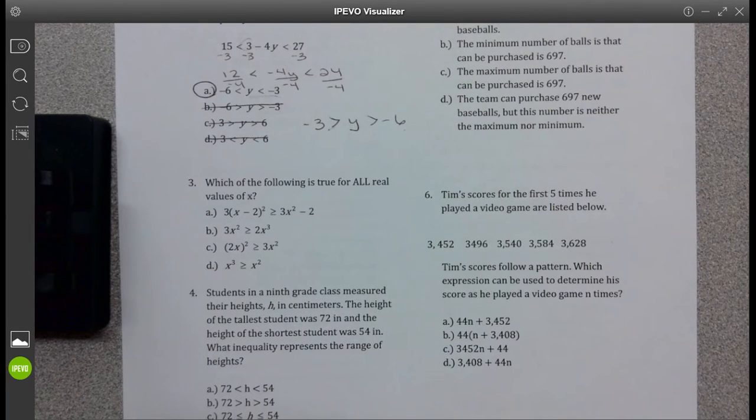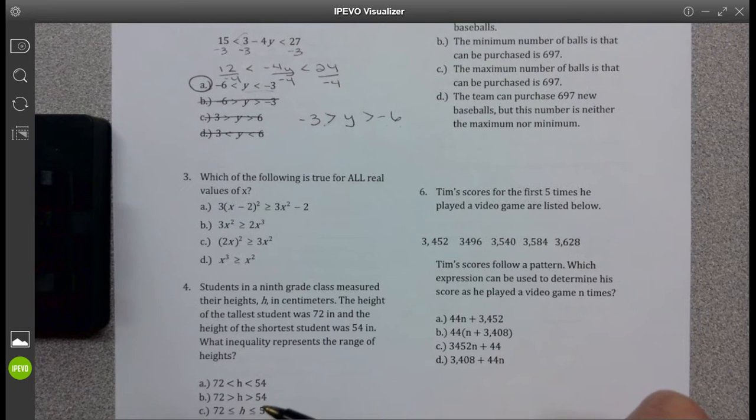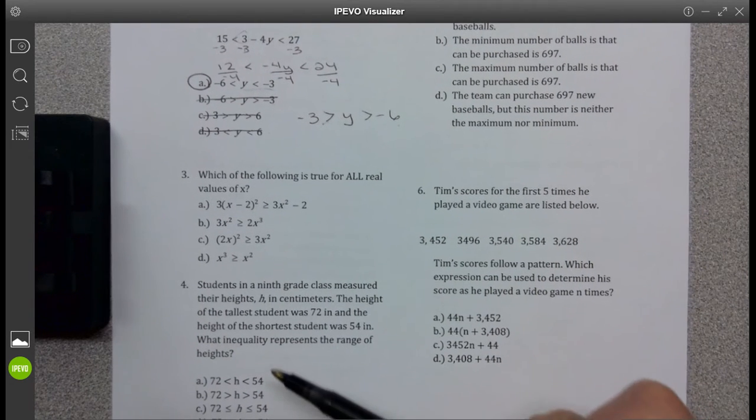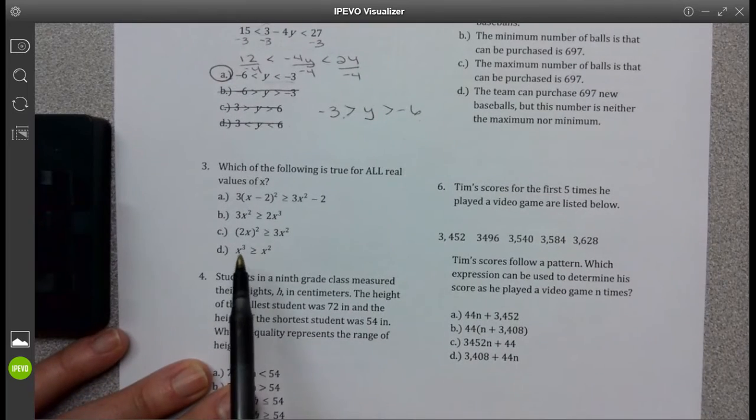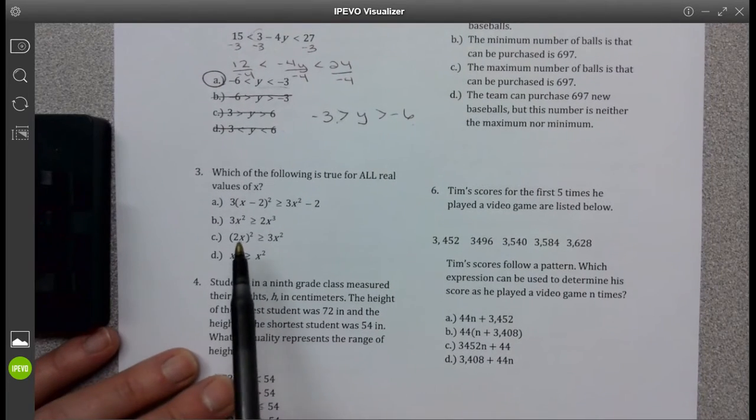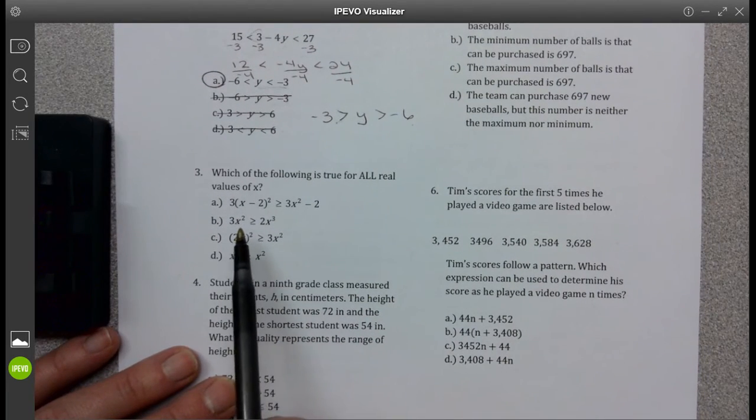Number 3, which of the following is true for all values of x? Well, it's hard. We're thinking of every x value possible, and if we substitute it in, which one will be true? So I like to try positive numbers, 0, and negative numbers. If I plug 0 into here, that's true. 0 is equal to 0. If I plug it into here, yeah, that'll work.